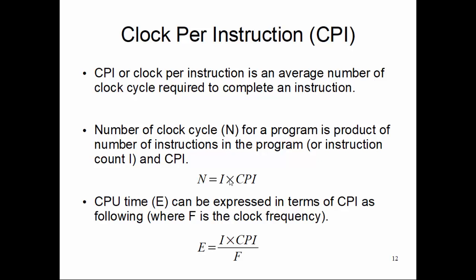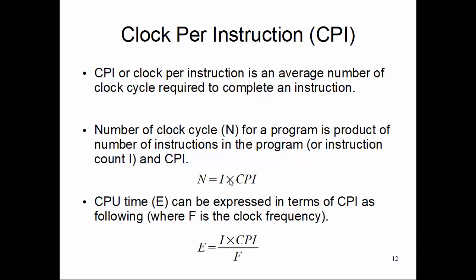It's data dependent. With one set of data, a loop can execute 1000 times, and with another set of data it can run 10 times. So I is not the number of instructions you count in your program from beginning to end. It is the number of instructions executed from beginning to end of the execution of the whole program, and it can vary with loops, with decision-making structures, and so forth.